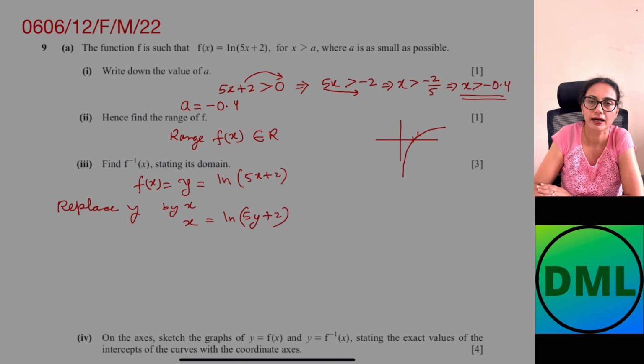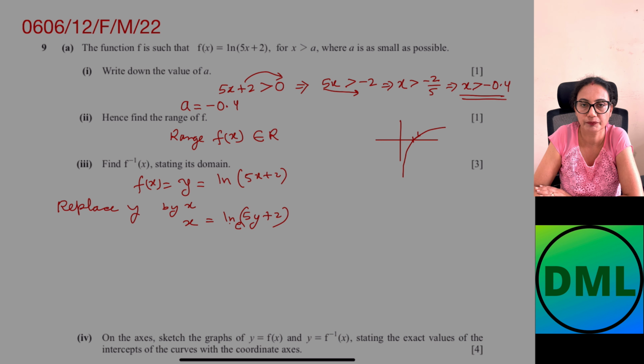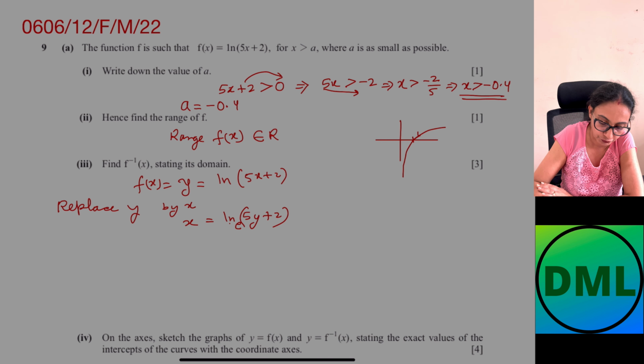I need to get the answer for y from here. This is ln. The base is e. This is in the logarithmic form. If I write it in the index form, this will be written as e to the power x is equal to 5y plus 2. This base e will come here and be given as a power, and the inside part will be your answer.